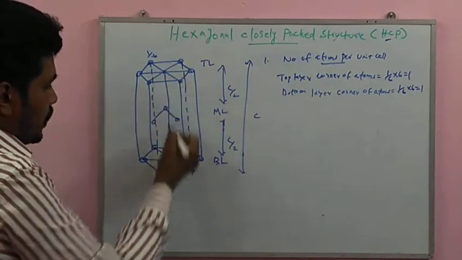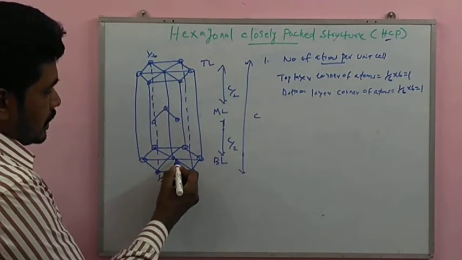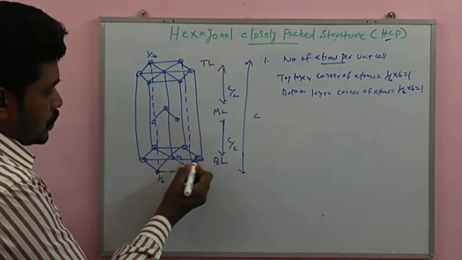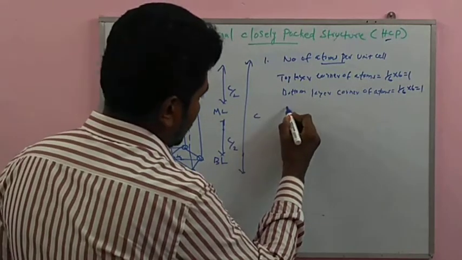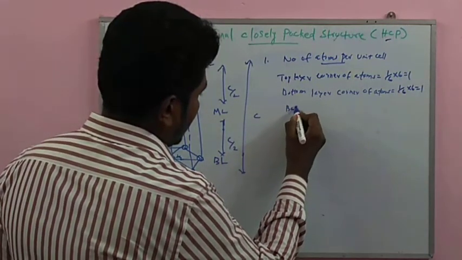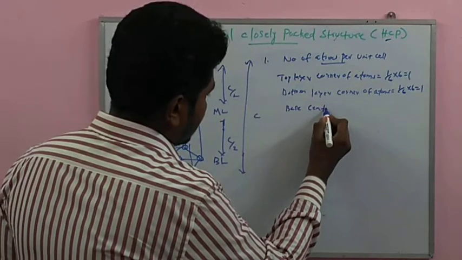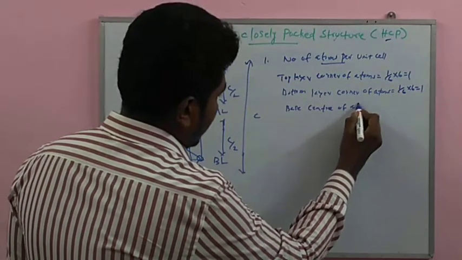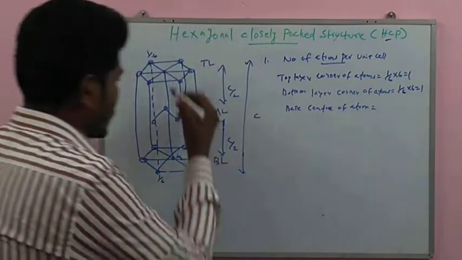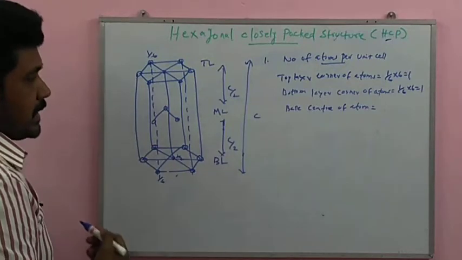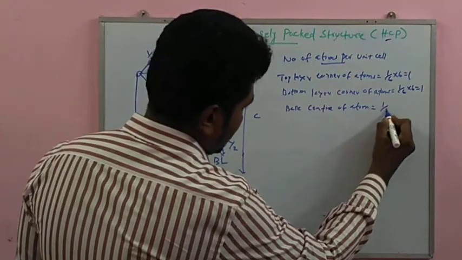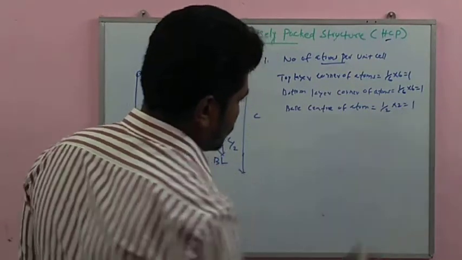Then the 2 base centered atoms. The base centered atom is shared by a 1/2 ratio. For the 2 base centered atoms, each atom is shared by a 1/2 ratio. So that is equal to 1.